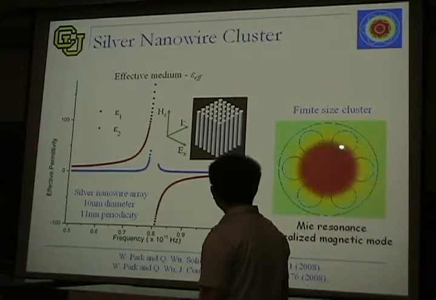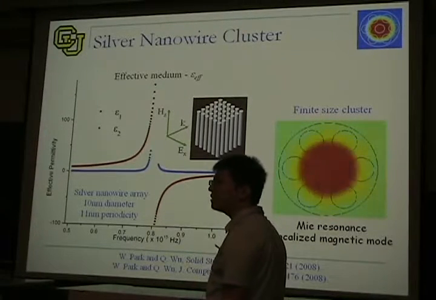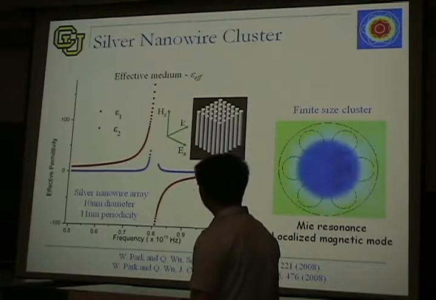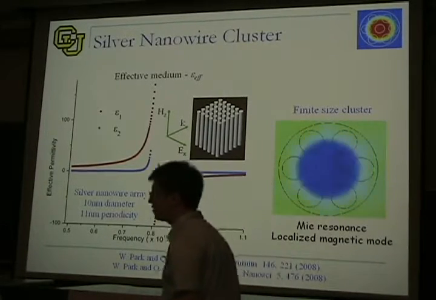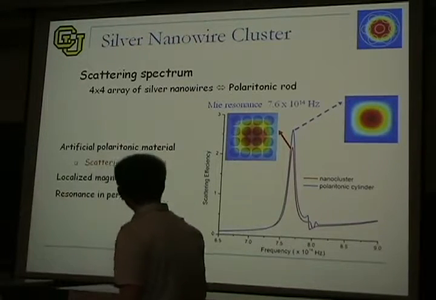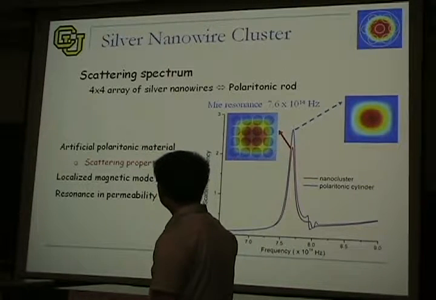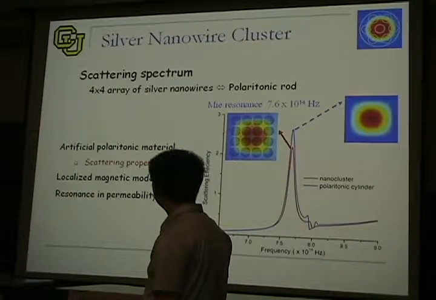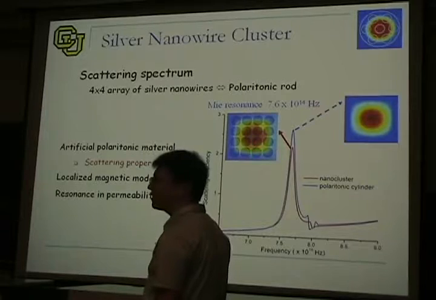And we can imagine using those nanoclusters as a construction unit cell. We can build a magnetic metamaterial by having a periodic array of these clusters, as I will show in the next slide. And actually before that, one question is, since these clusters have a finite number, actually just 10 or 20 of these nanowires, is it okay to call it an effective medium?